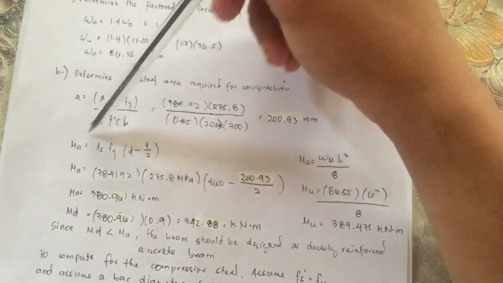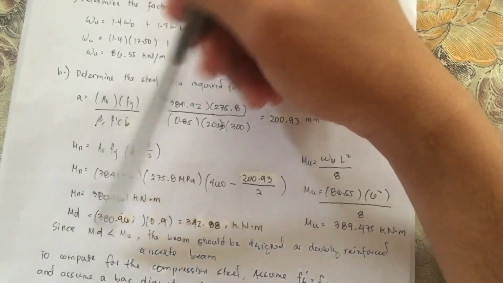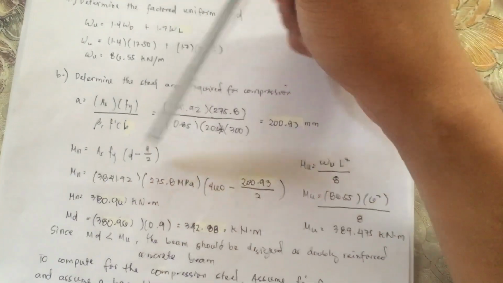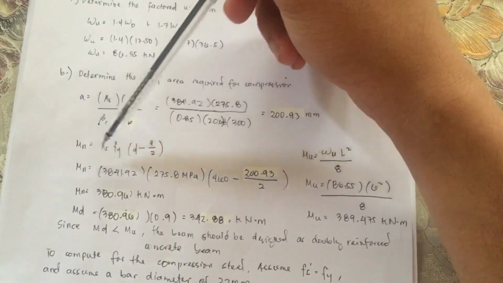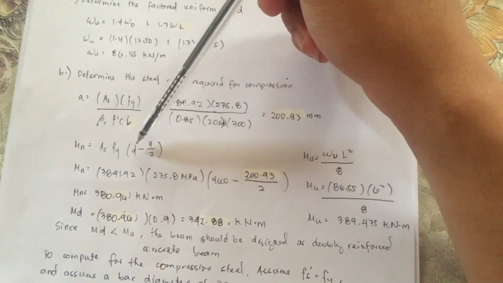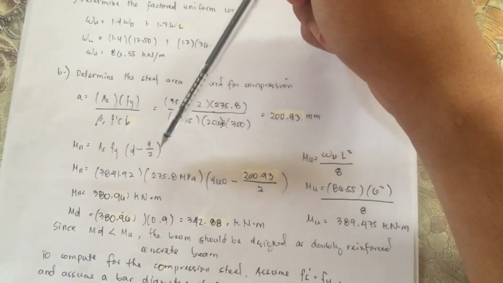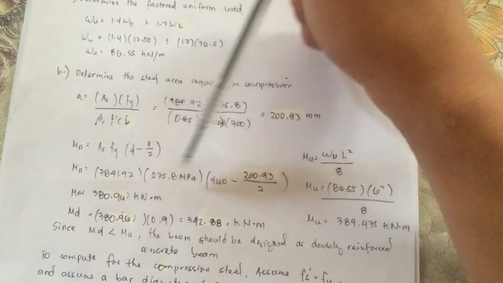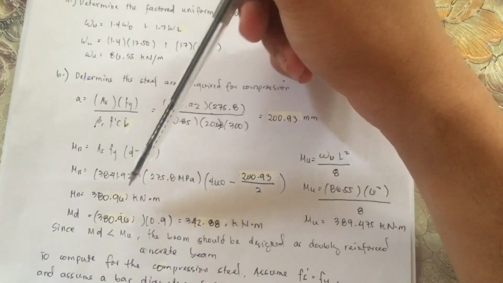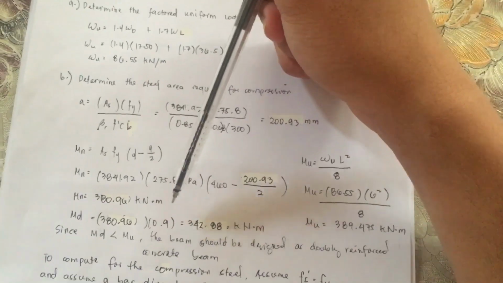we are able to get the value of phi Mn, the moment times the reduction factor. So Mn is equal to As times fy times the effective depth of the concrete beam minus a over 2. By substituting, we get 380.96 kilonewton meter.